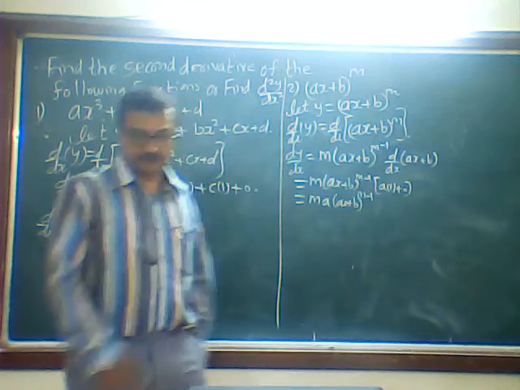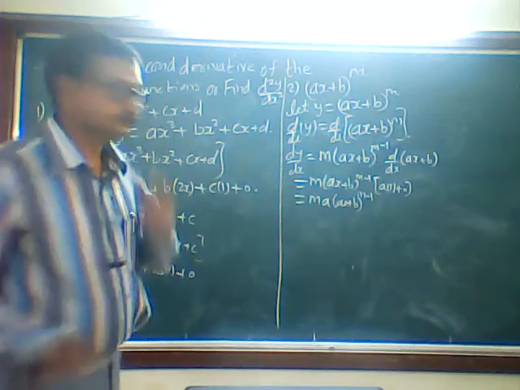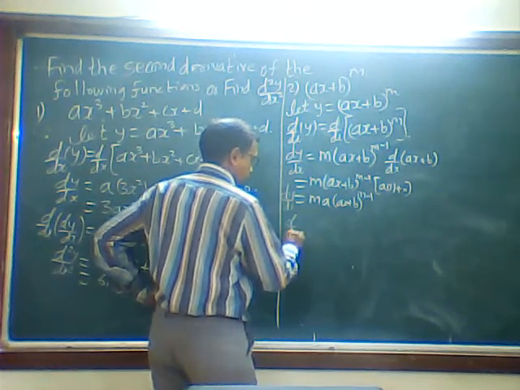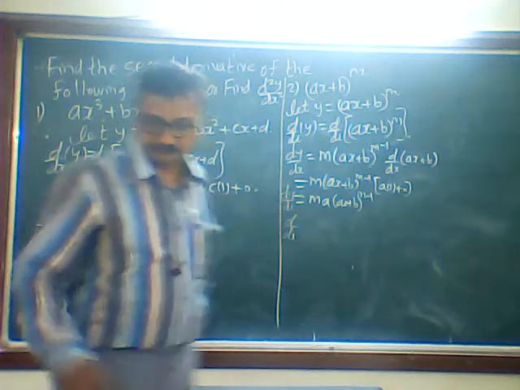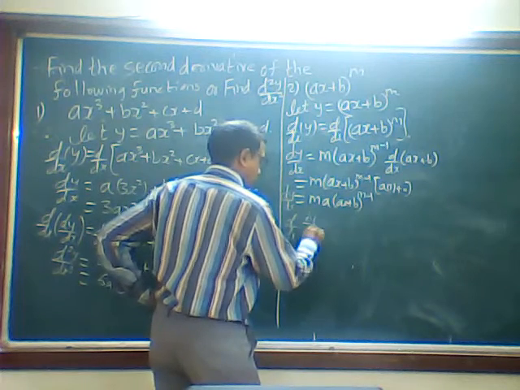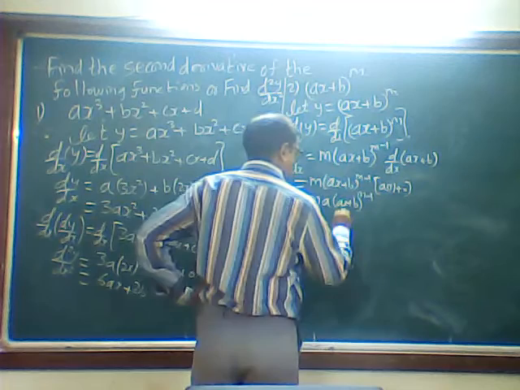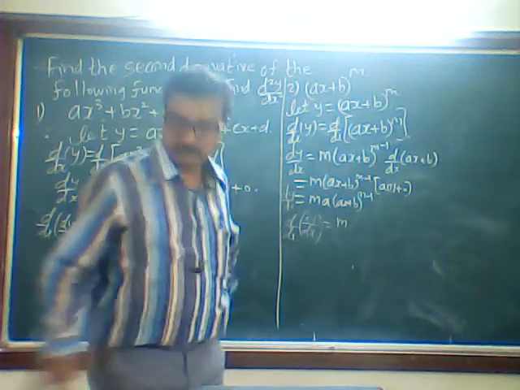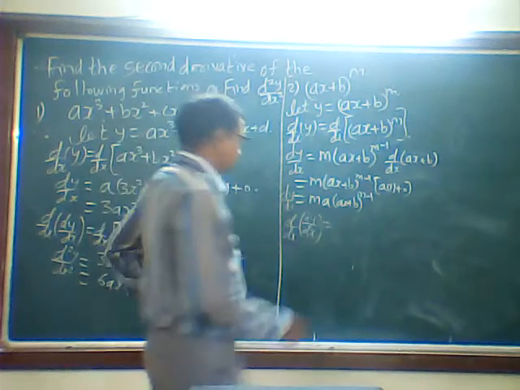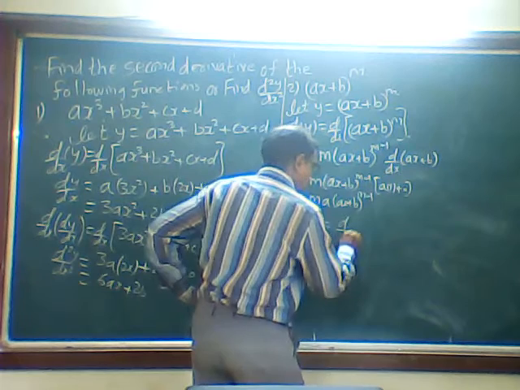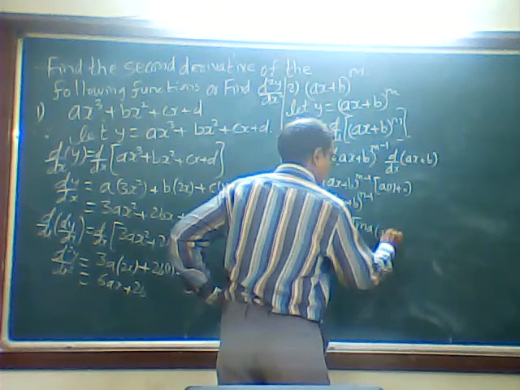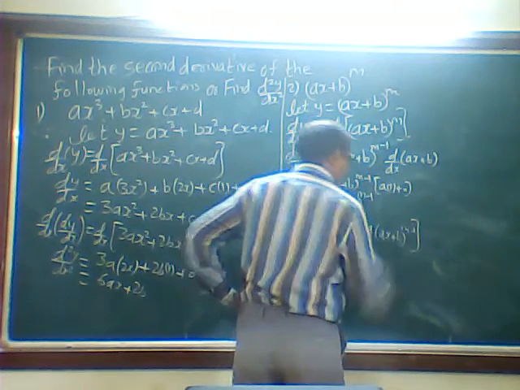Okay, now next, again we have to differentiate. This is my dy by dx, so again d by dx of it; we will take d by dx on everything inside. d by dx of m a times ax plus b raised to m minus 1.